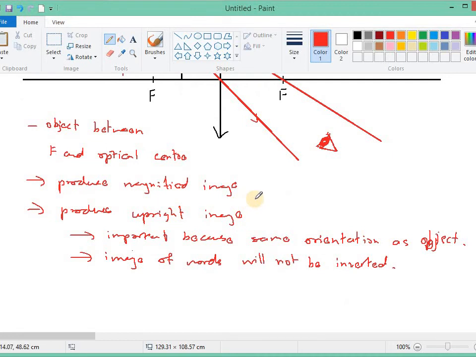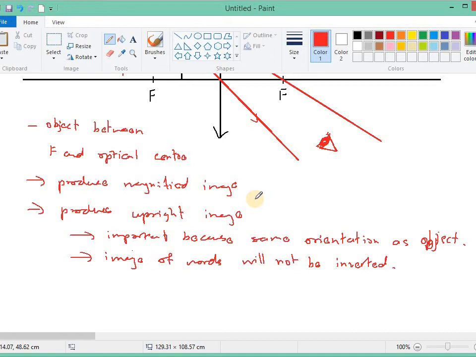If the image is upright, then it has the same orientation as the object. So if you use the magnifying glass to look at things like words, where the orientation is very important, then the upright image is very important, because if it is inverted, you cannot read.